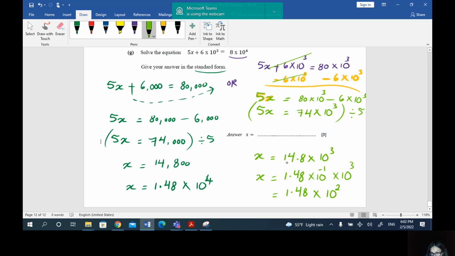So this one should be less than 10, so it will be 1.48. Sorry, here it's going to be times 10 to the power of 1 to get it back to this, right? So the final answer here will be 10 to the power of 1 times 10 to the power of 3, which is 10 to the power of 4. And the two answers are the exact same.